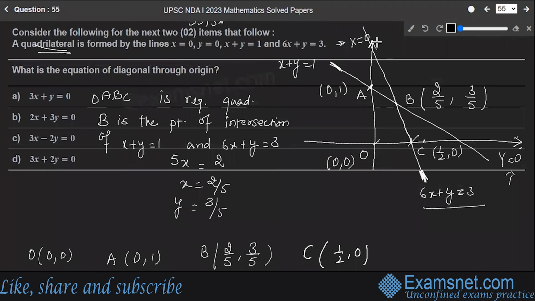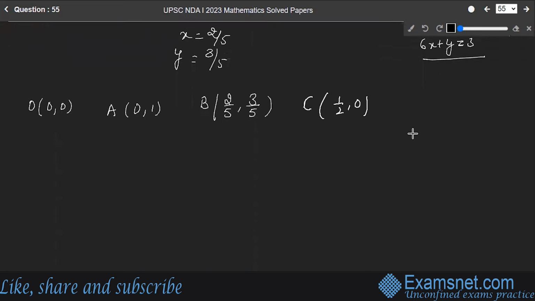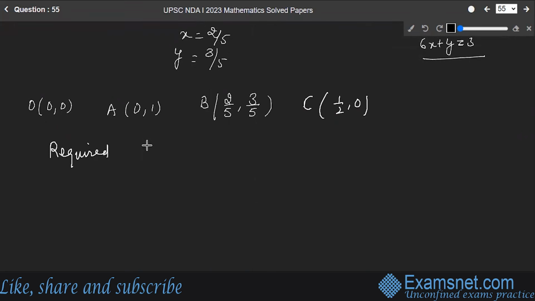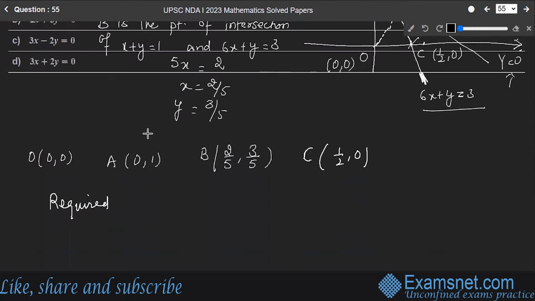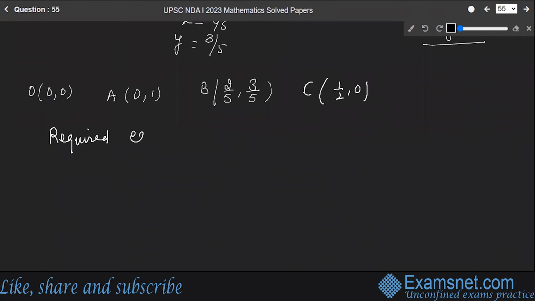Now let's get to the basic sum. What was it? It's asking what is the equation of the diagonal through the origin. So basically you want to find out the equation for the line OB. See, we know the coordinates for the 2 points. It's very easy. We can frame the equation. So the required equation is the equation of OB.